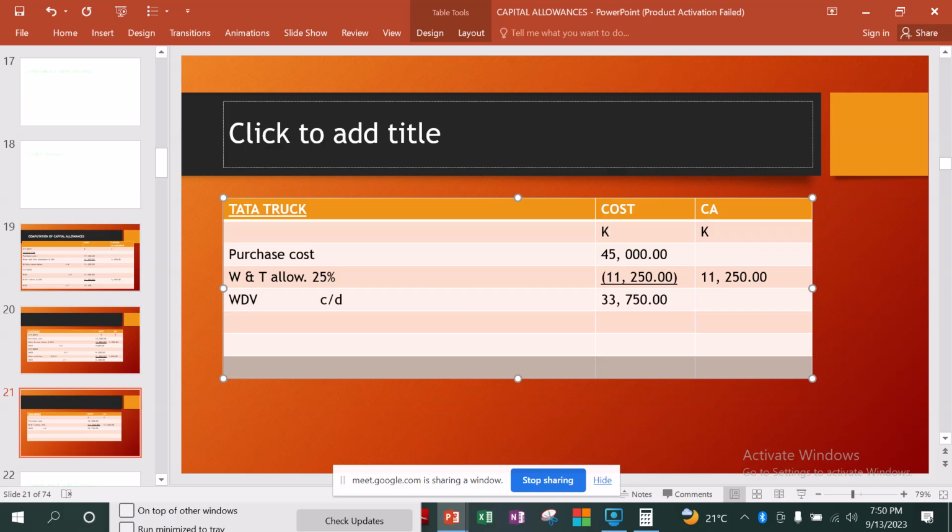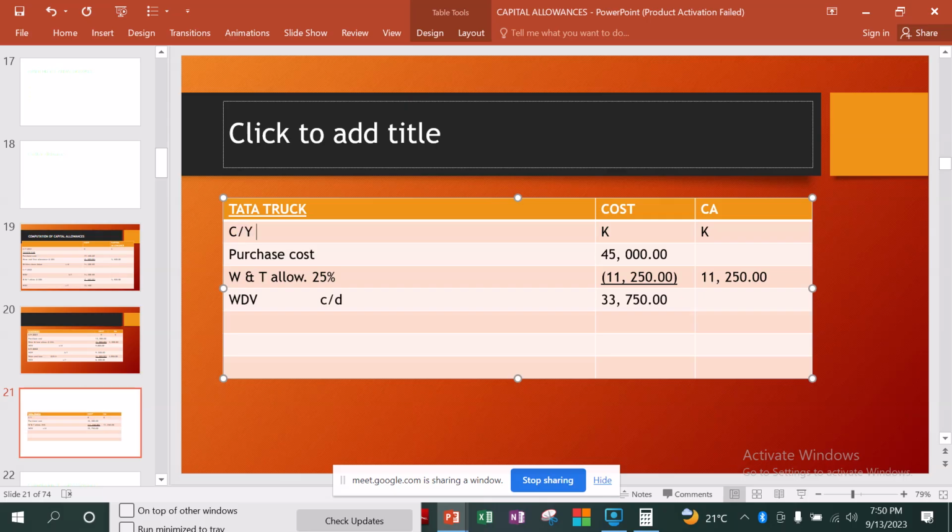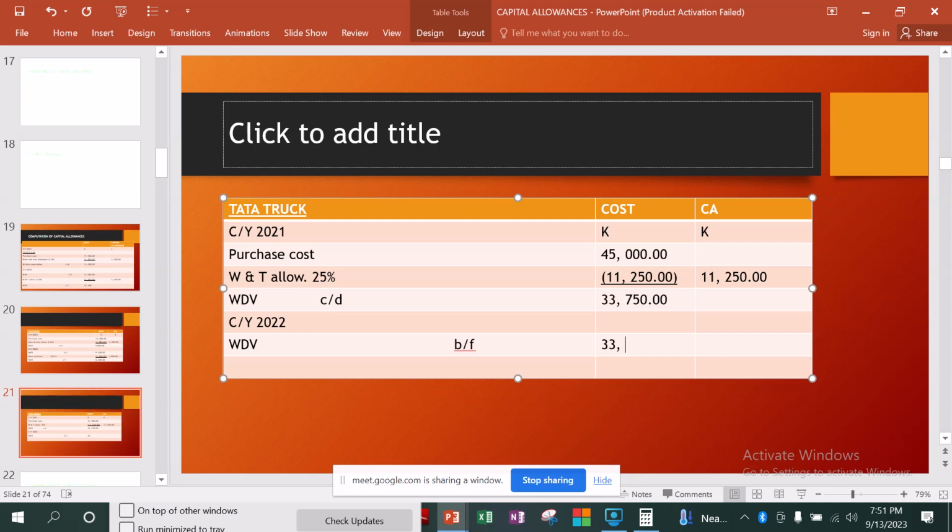This is charge year 2021, but we are going to charge year 2022, and therefore we bring down the written down value brought forward, which is 33,750 as the opening balance. Again, this is the new year.